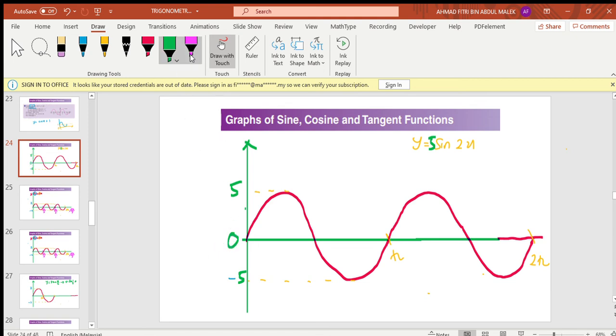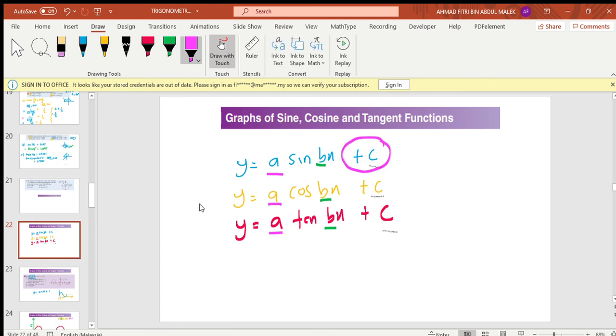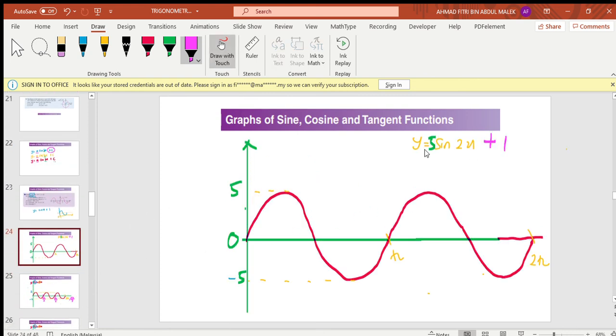So when I add plus 1 here, c, referring to the c now, remember back our lesson, c is at the back. So plus 1, meaning that you don't erase your graph. You just shift it. Now 5 will become plus by 1.